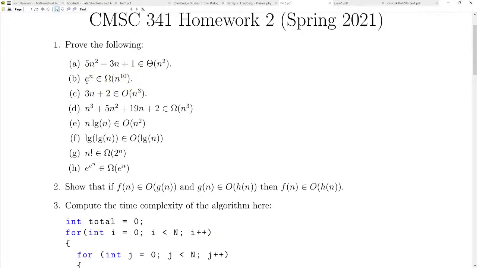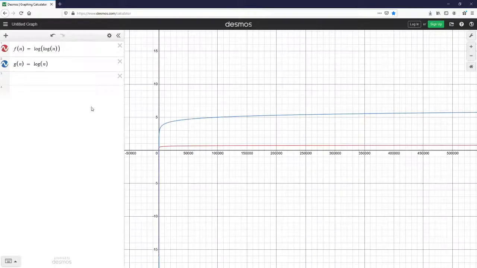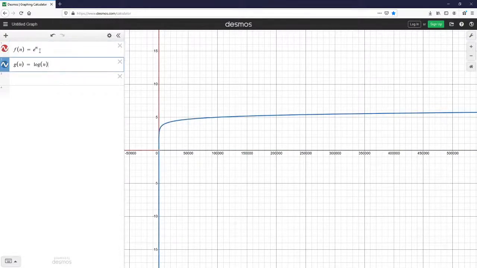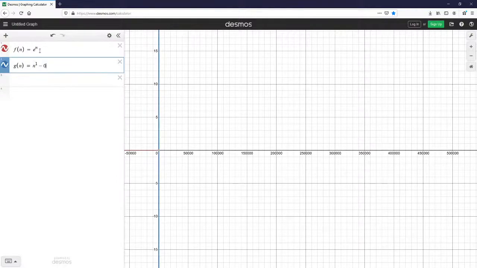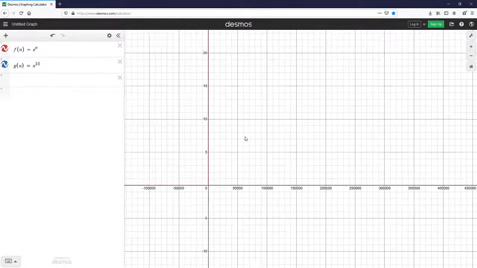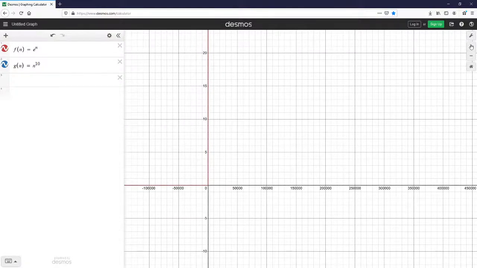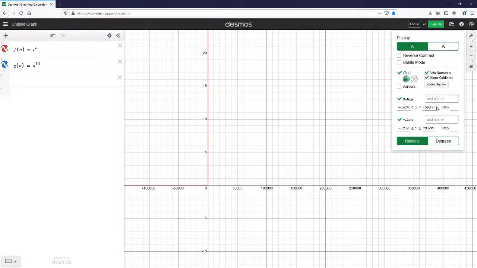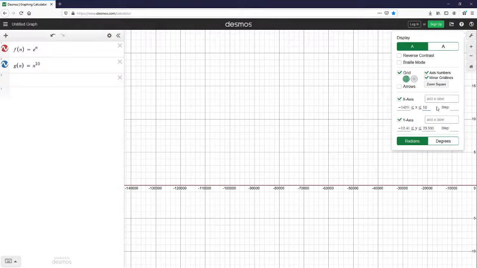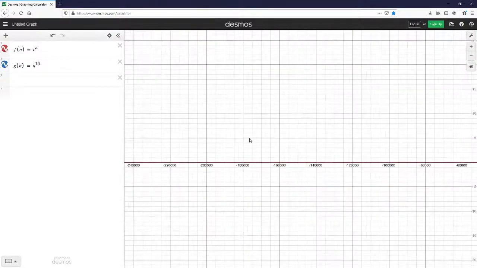Yeah, so remember that e... Okay, so let's graph them, right? It's a good question. E to the n and n to the 10th, right? Here we are. Okay, so we need to reset our domain a little bit because I think it's going to be really hard to see.